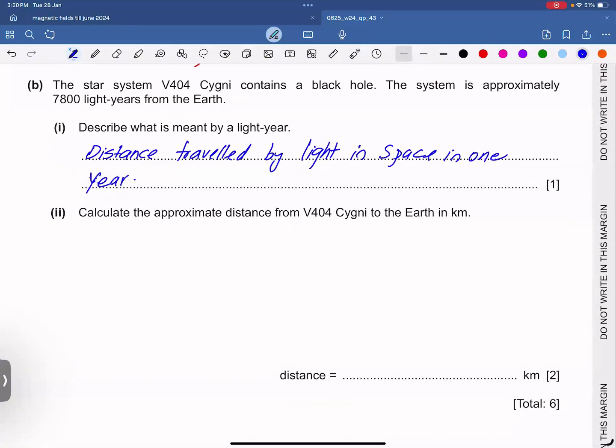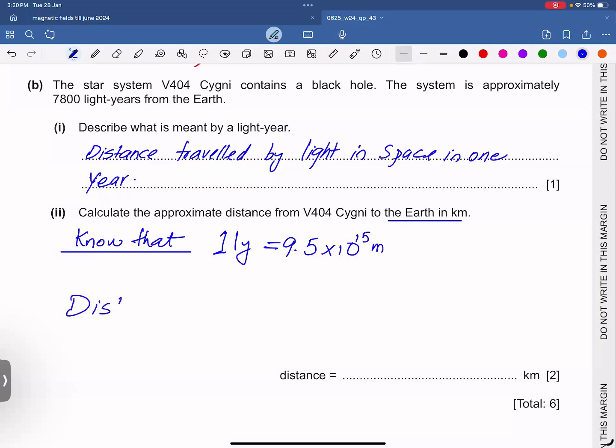Calculate the approximate distance of the star from Earth in kilometers. Easy. So how do you find distance? You need to know or memorize that 1 light year, as part of your course, is 9.5 times 10 power 15 meters.